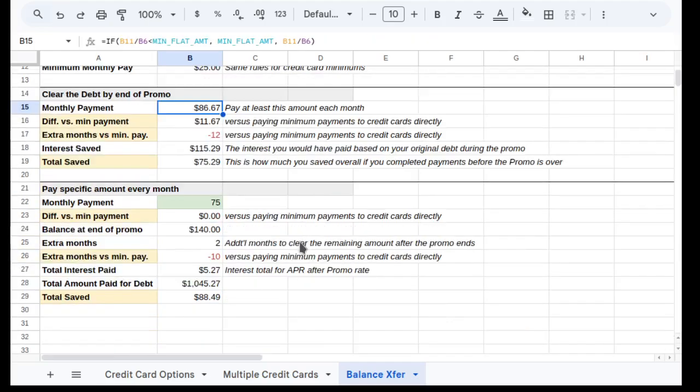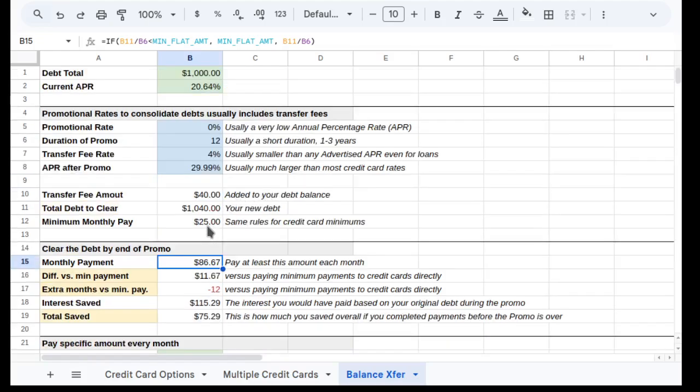To clear the debt by the end of the promo, you don't want to do the minimum payment. You want to make it whatever it is to clear that payment by the end of that promotional date. So $86.67 each month will pay off your debt by the time the promo is over.